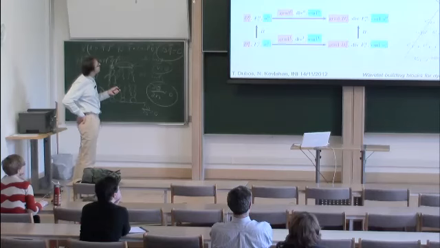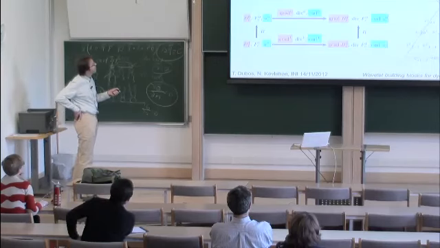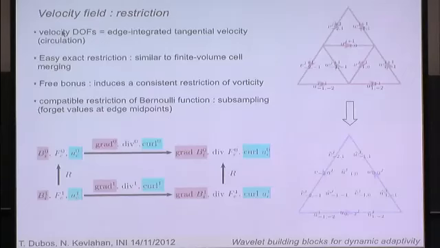Okay, so velocity is easy because, when the mass is on the hexagons, dealing with velocity is easy, and when the mass is on triangles, dealing with mass is easy. So what properties does this restriction have?